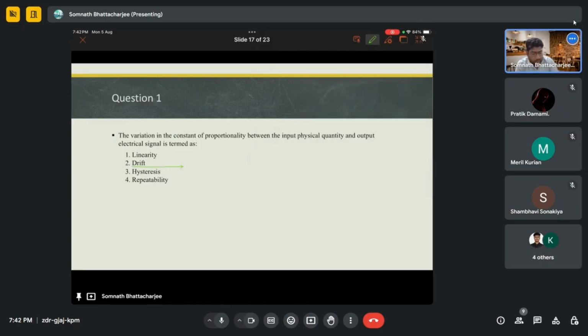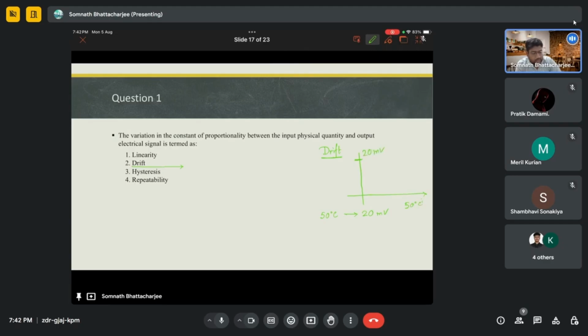So drift, I forgot to mention it. Sorry. Drift is one of the characteristics of a sensor. Let's say for 50 degrees centigrade, a temperature sensor should give 20 millivolts. When we are giving 50 degrees centigrade, the 20 millivolts should be here.